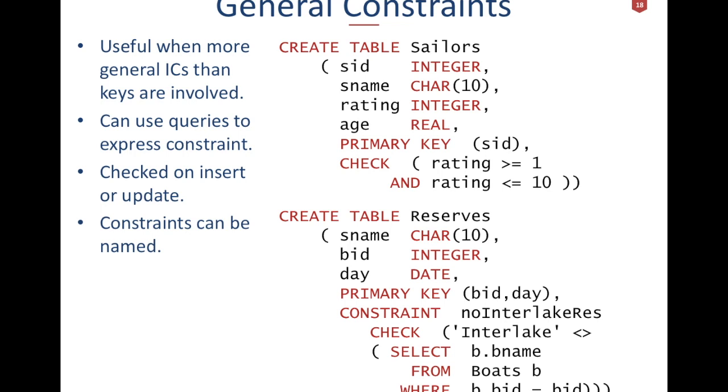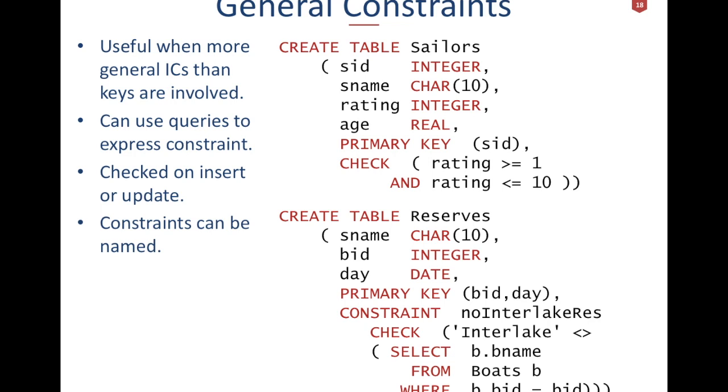This is another way to do a general constraint, in that I'm specifying the constraint and giving it a name. In the check we have something we will take later, nested queries: inside the check I have another query. We call this nested queries.